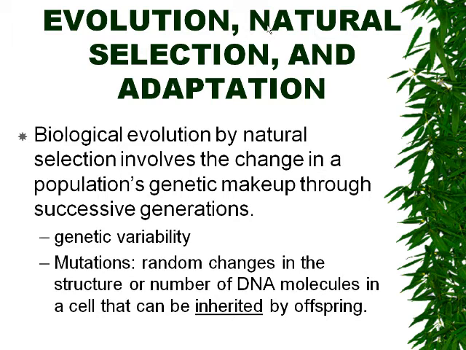So it's through successive generations, it's variability in the genes, and it's mutation. So it's really, really random is the key thing to emphasize here, that natural selection is a random process. It's not a premeditated thing, and it is inherited by the offspring. So that random change, that mutation, is continued through the offspring.